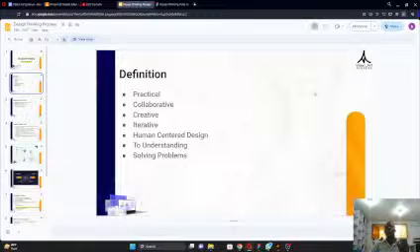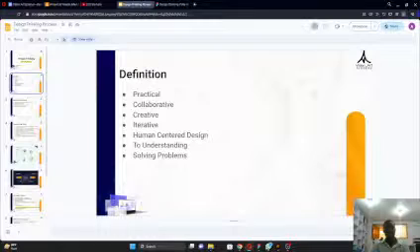That's just it, but we have to elaborate more. Being practical means that you have to do practical work, you have to get your hand dirty. Collaborative, you have to work with people. Creative, coming up with ideas that can help you solve the problem.